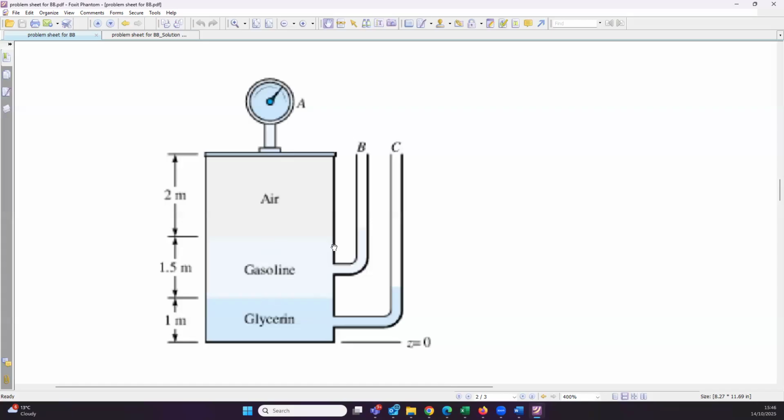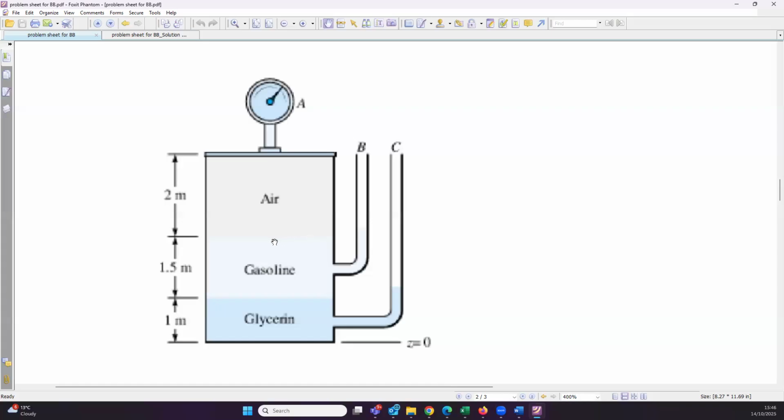Okay. Now I can use the isotropy of pressure, and I know that if I go from the surface at the same plane and reach here, that is the height here, let's call it point 1, and let's call the small leg in tube B point 2.